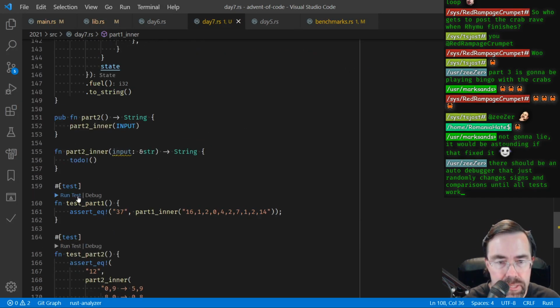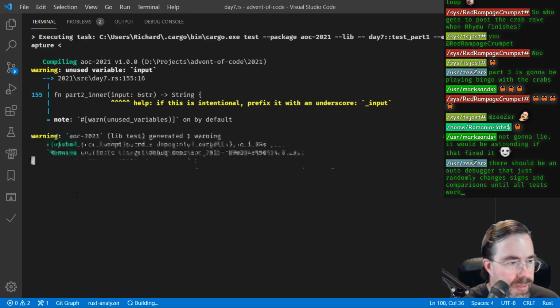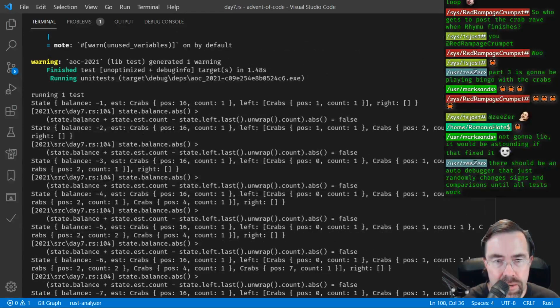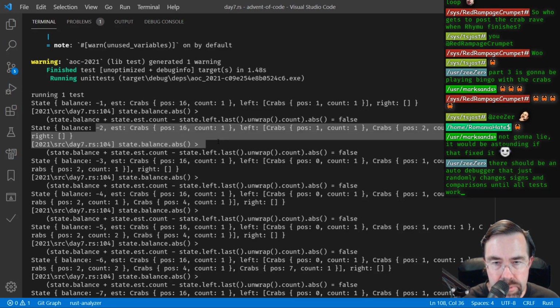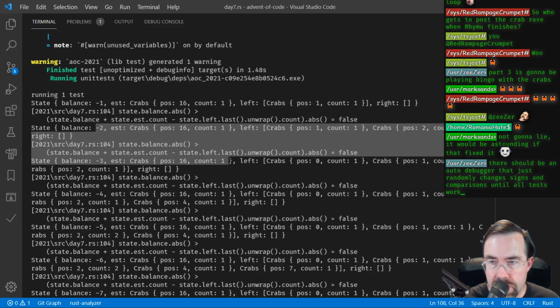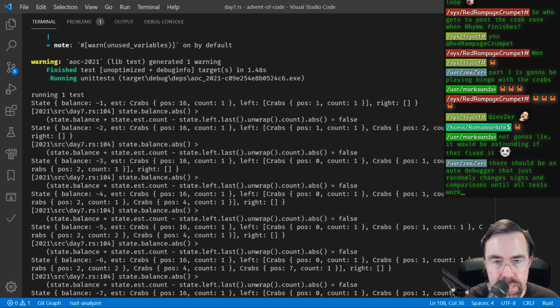So let's do it. False. So let's consider this one. It says it's false. The absolute value of -2 is 2. If 2 is greater than -2 plus 1, which is -1, minus the last count, which is 1.